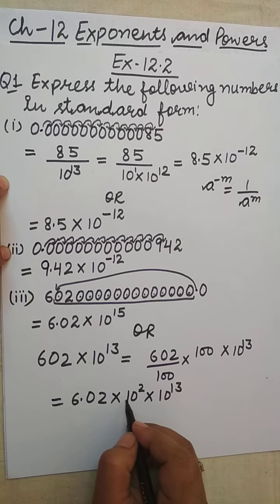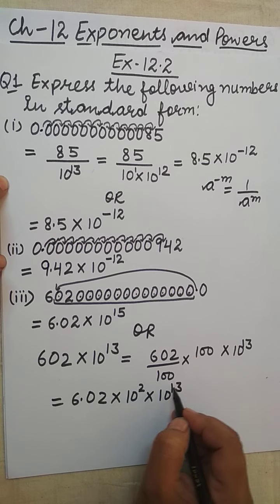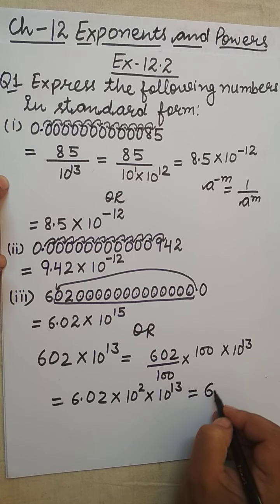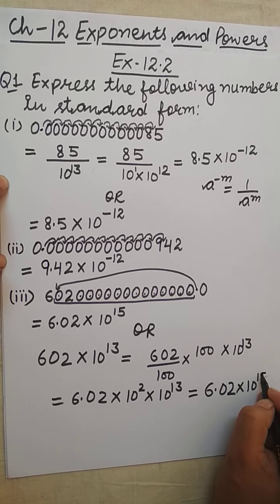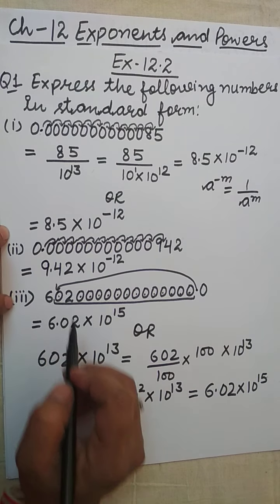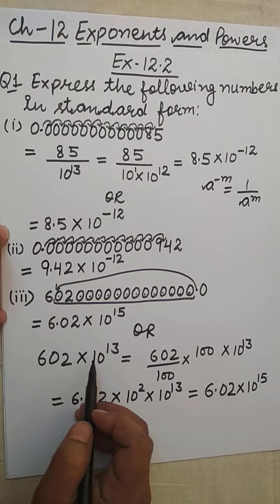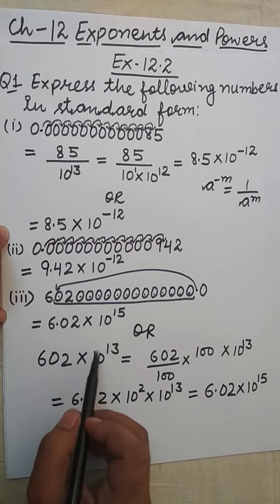Now as the bases are the same, the powers will be added, and finally the answer will be 6.02 into 10 raised to power 15. We have two ways to express the given numbers in standard form.